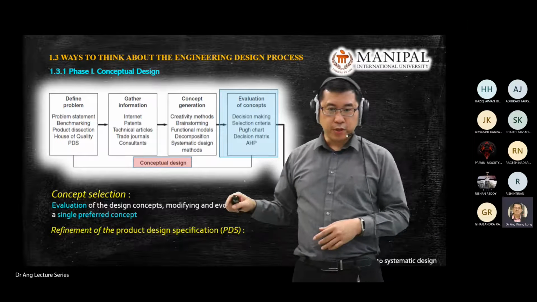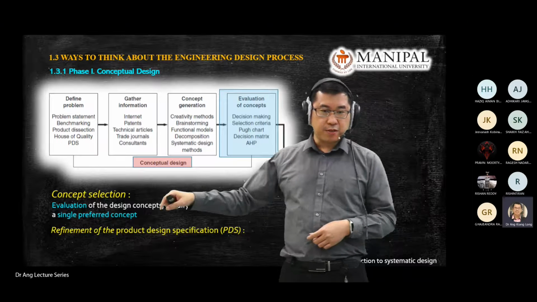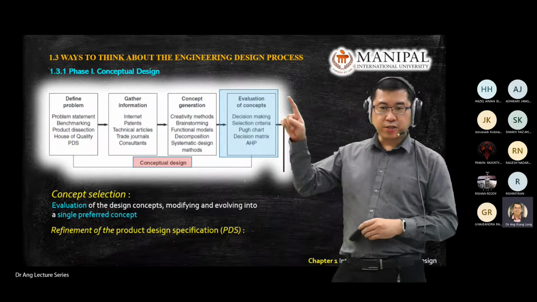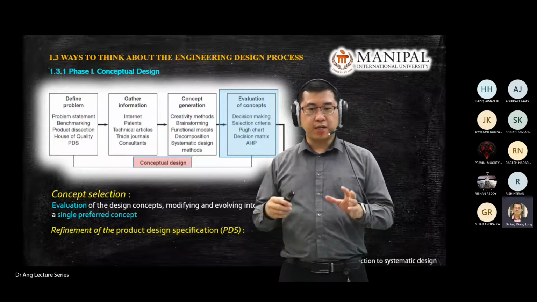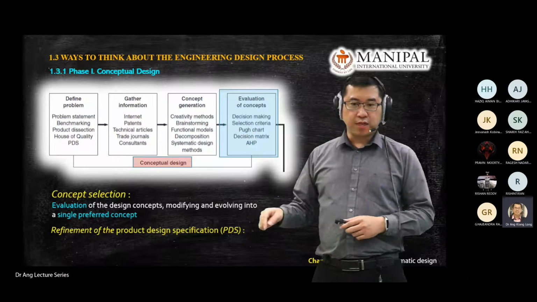So we're going to look at what PDS is. PDS is product design specification. During the selection process, you will do refinement. You look at the strengths and weaknesses of your design, then you choose the best one.